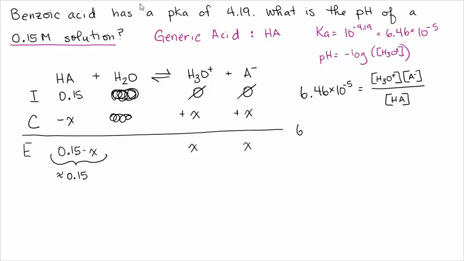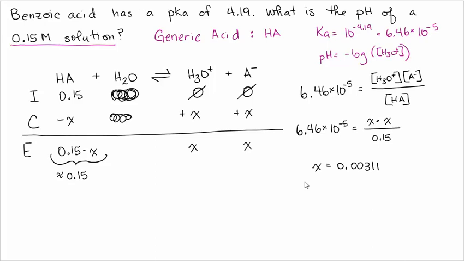So now we can plug that into our equilibrium expression, our acid ionization constant expression. 6.46 times 10 to the minus fifth equals x times x divided by 0.15. 6.46 times 0.15, square root of that gives you 0.00311.